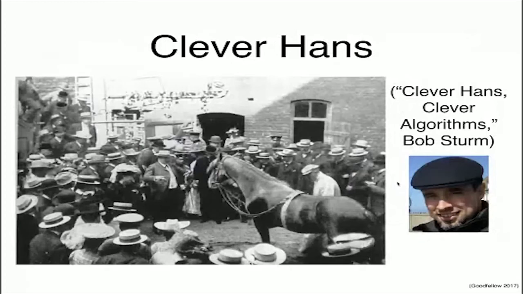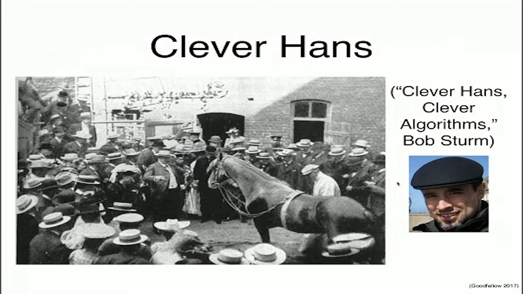Some of my friends and I like to compare adversarial examples to a horse called Clever Hans. Clever Hans was a horse that was trained to do arithmetic, but he didn't really know how to do arithmetic. He had learned how to read people's faces. So if you asked him, Clever Hans, what's 2 + 1?